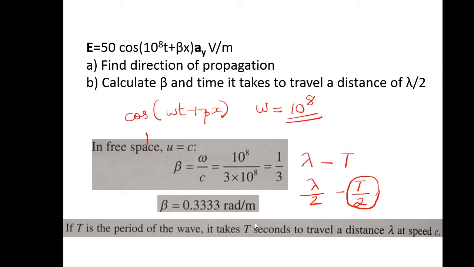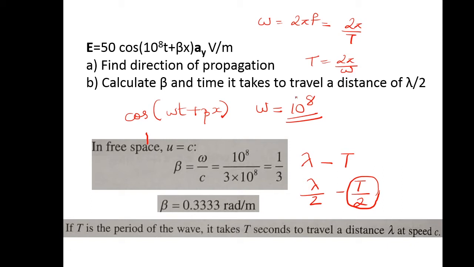Again you have to calculate T, but what you have is only 10 raised to 8, that is omega. What is omega? You know the basic equations: omega is equal to 2 pi f, or equal to 2 pi by T, because T is 1 by f. So T will be 2 pi by omega.